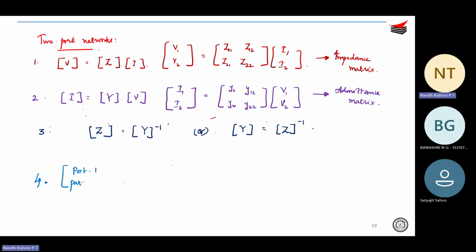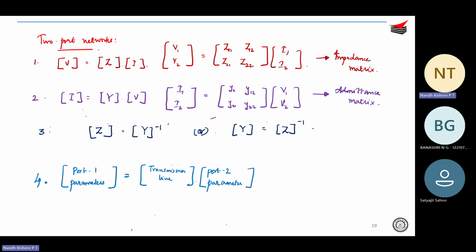Port 1 parameters is equal to the transmission line parameters into port 2 parameters.